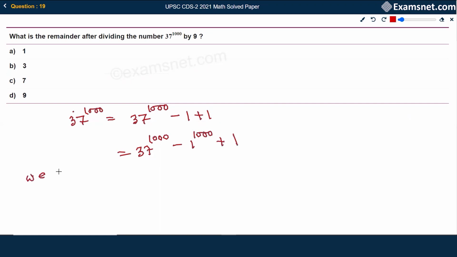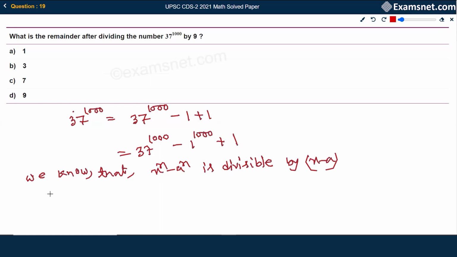Now we know that x to the power n minus a to the power n is divisible by x minus a, correct? So therefore 37 to the power 1000 minus 1 to the power 1000 is divisible by x minus a. x is here 37 and a is here 1.